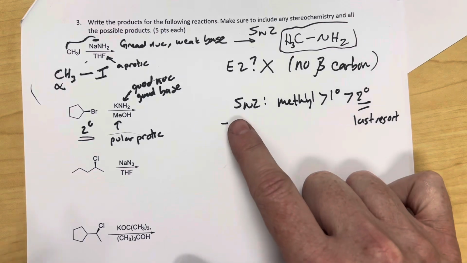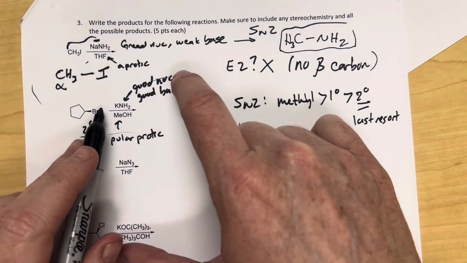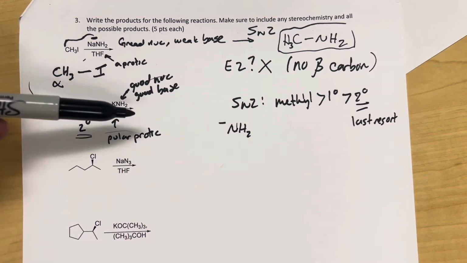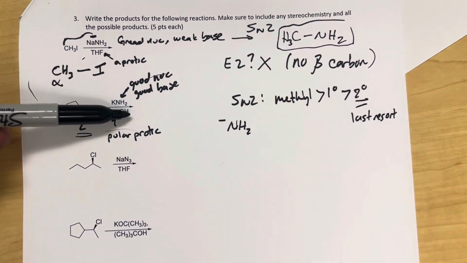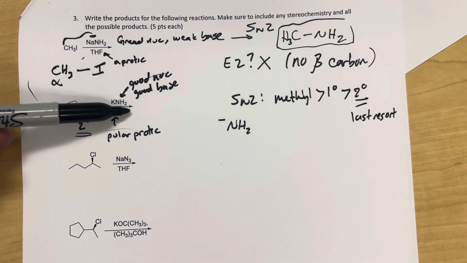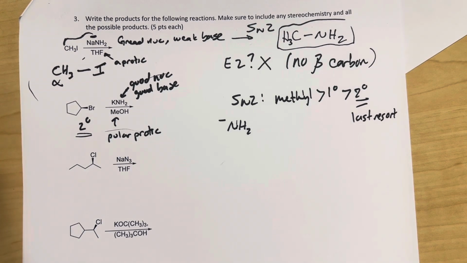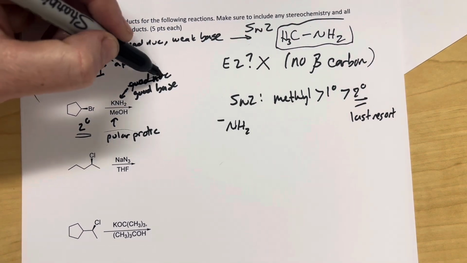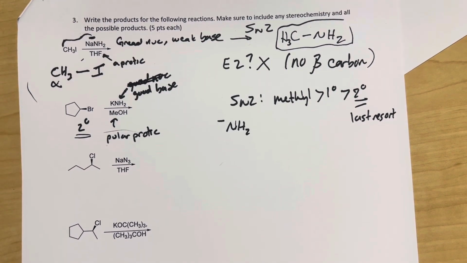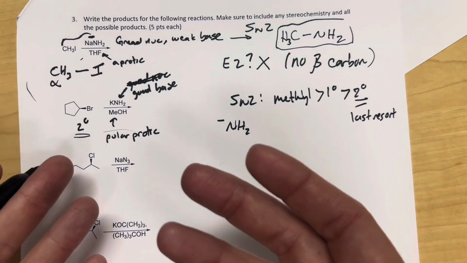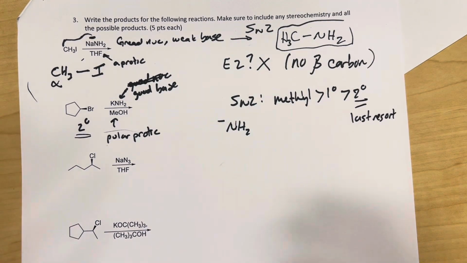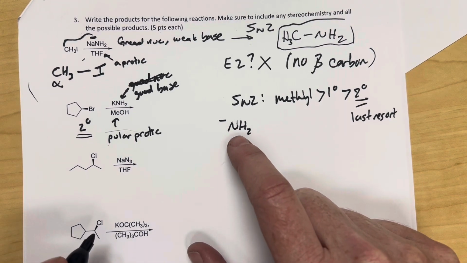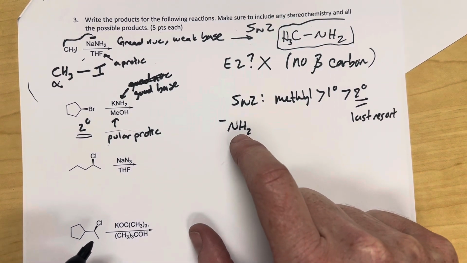We look at this and say it's a good nuke and a good base, right? So you kind of want it to just go via SN2 and E2. But then you see it's in polar protic solvent. Polar protic solvent no longer makes this a good nuke. That's off the table now. So you're thinking, okay, maybe it's SN1, right? But an SN1 requires a really, really weak base, or a really, really weak nuke. This is not a weak nuke.